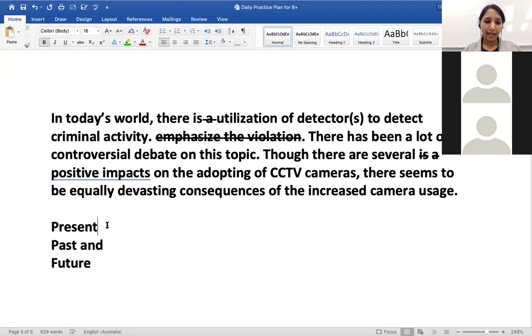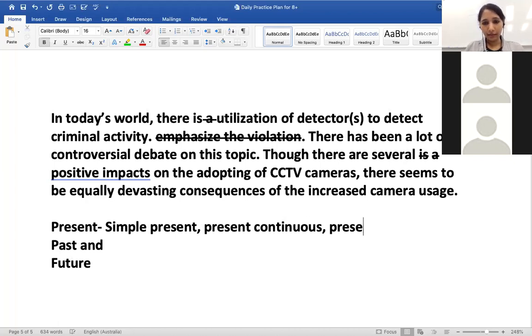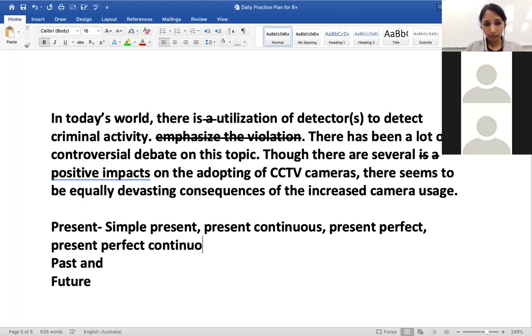Present tense has at least 4 forms. Simple present, then present continuous, then present perfect, then present perfect continuous.